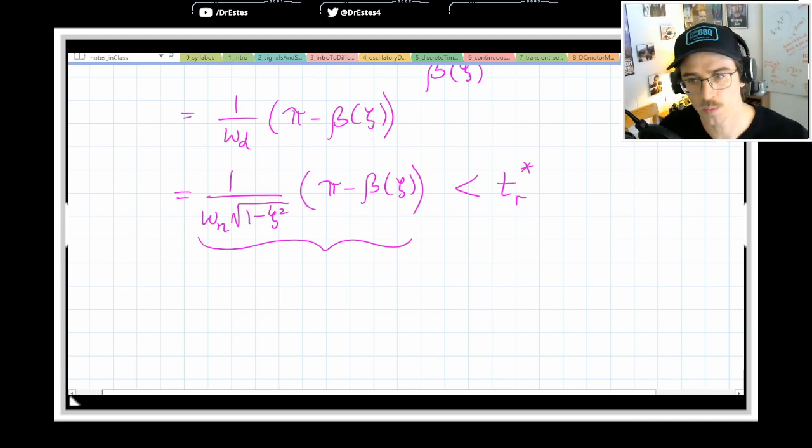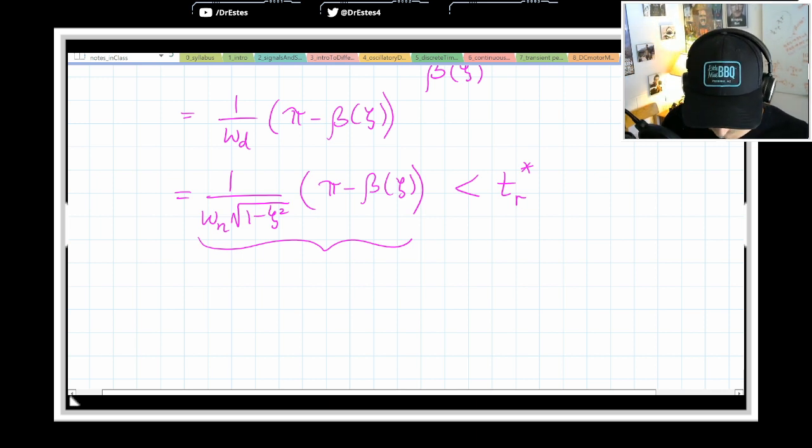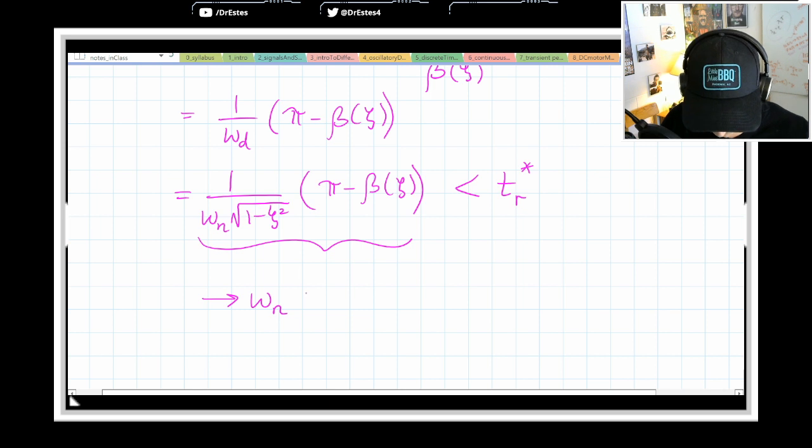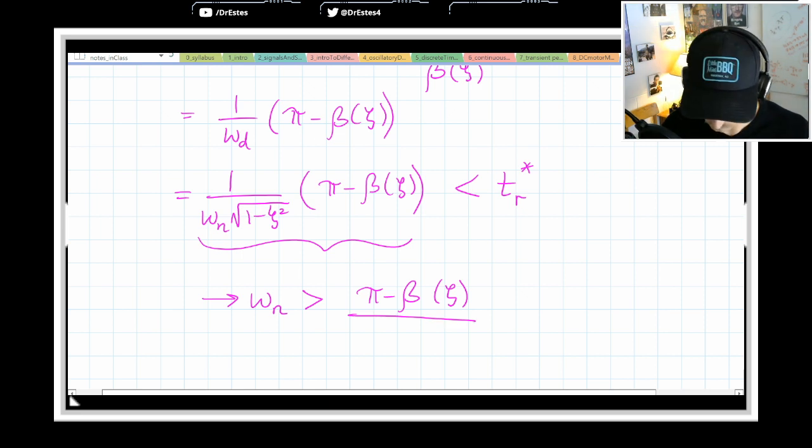All right, and then what I want to do is isolate the natural frequency by itself from this expression. So if you solve for omega n in this inequality, you're going to find that omega n needs to be greater than something. It needs to be greater than pi minus beta. You know what? I'm going to drop this function of zeta thing. Just keep that in mind.